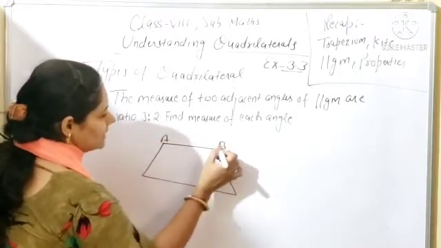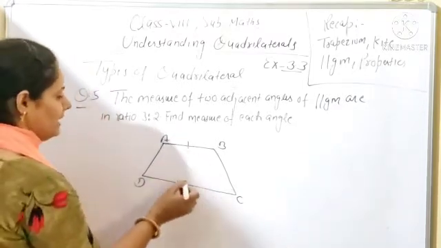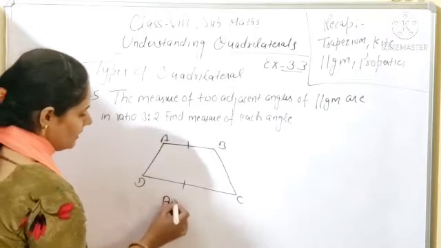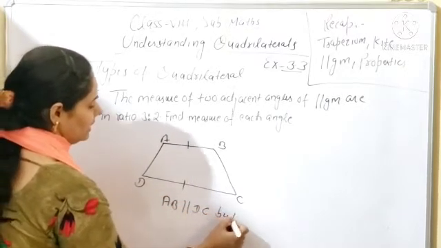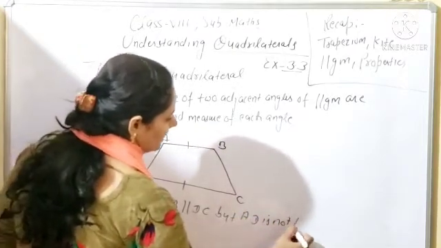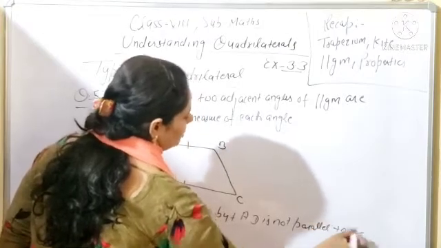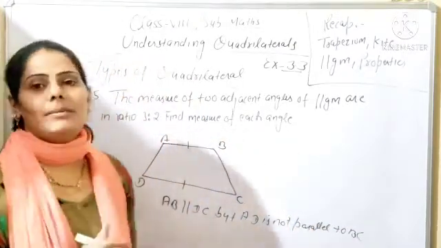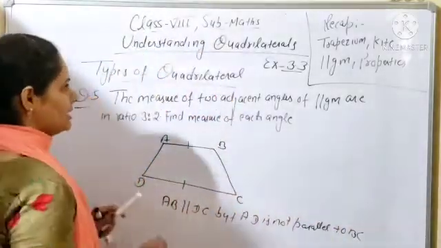So here ABCD is a quadrilateral where one pair of opposite sides, AB, is parallel to DC. AB is parallel to DC, but the other pair AD is not parallel to BC. So this is called the trapezium, where one pair of opposite sides is parallel and the other is non-parallel.